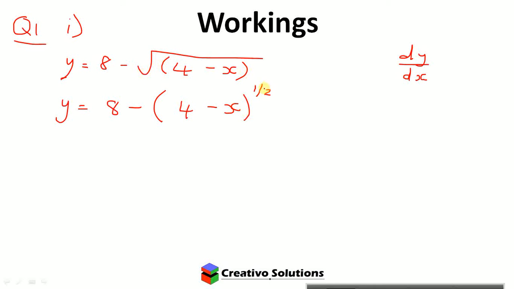Because when I have a square root, I can write it to the power of a half. That's possible. But now you've got a bracket and an exponent. Can I multiply this bracket out? No, I can't with a half. So it's problematic here. But I can substitute.